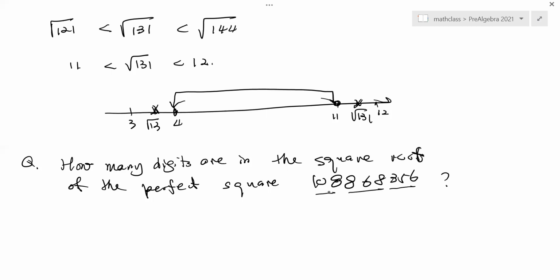And we notice that if you square this, you're going to get 10 zeros. When you square it, you get double the zeros.